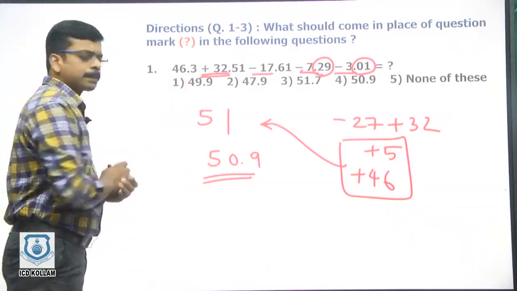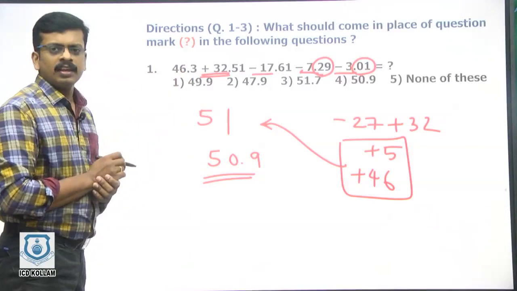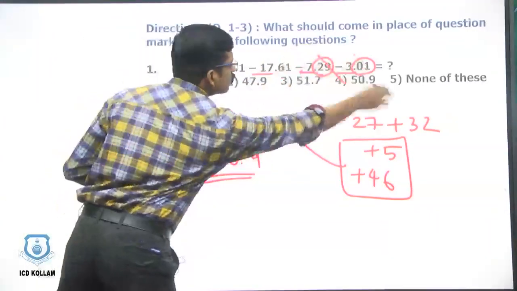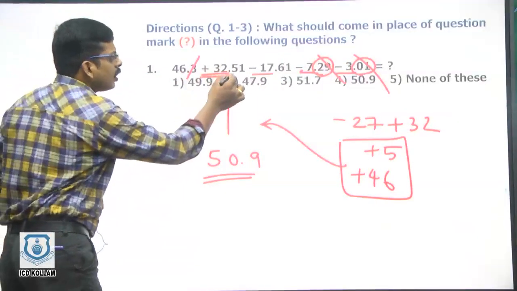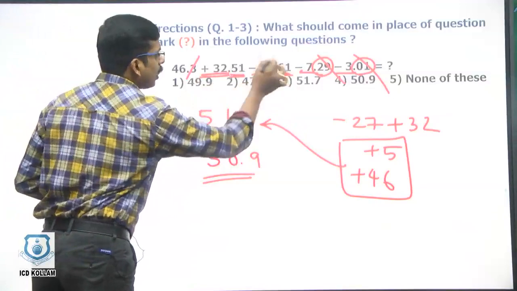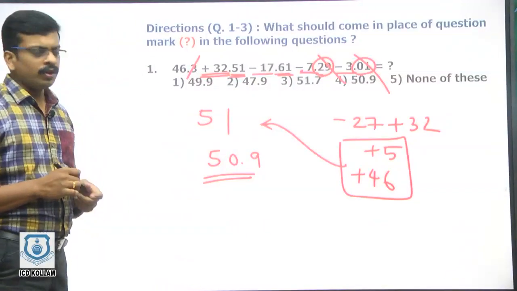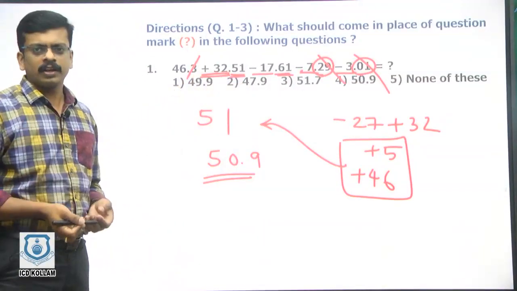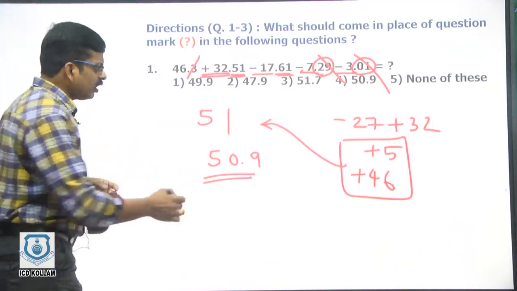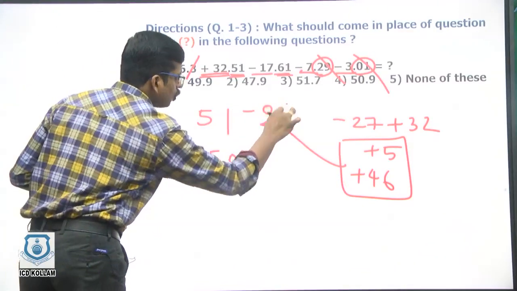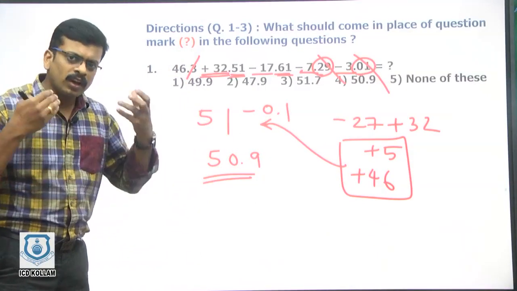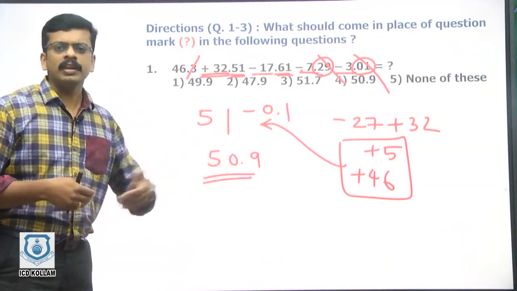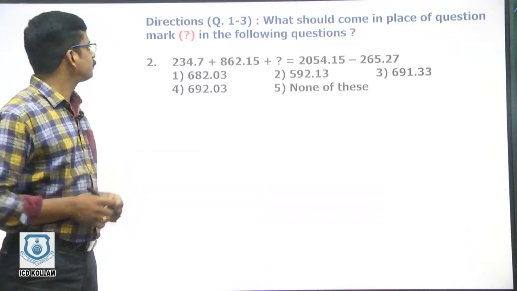But fortunately a plus 0.3 here. So we can cancel these. Now we are left with 0.51 minus 0.61. It is minus 0.1. So this is the final stage, minus 0.1 or 0.1 you need to subtract from 51. So answer is 50.9.